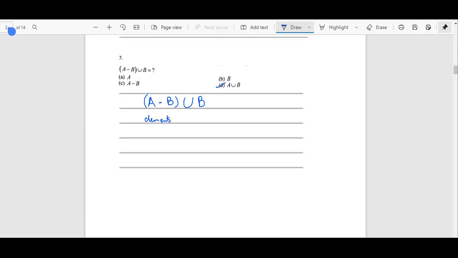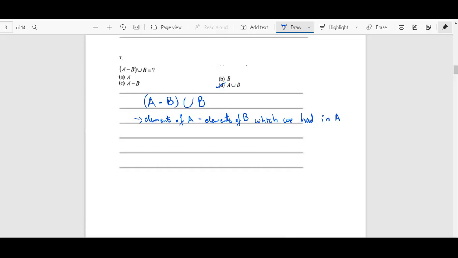elements of A minus elements of B which we had in A. So I can write A minus B as this: A minus B would have elements of A minus elements of B which we had in A, right?